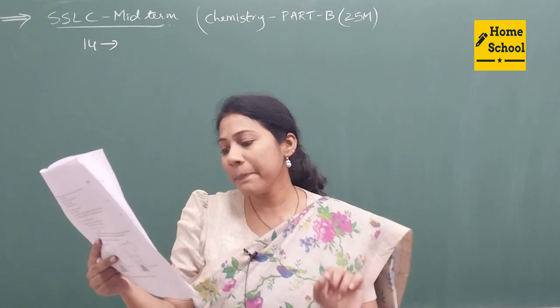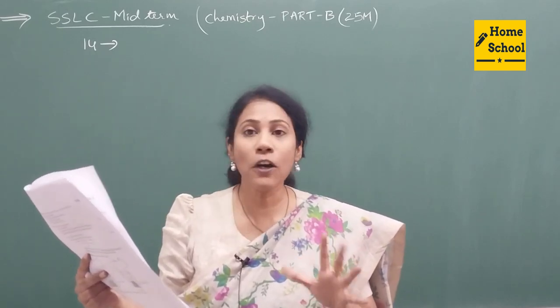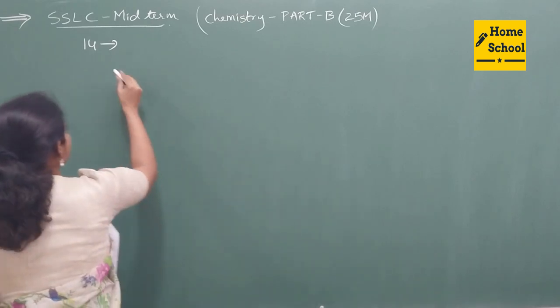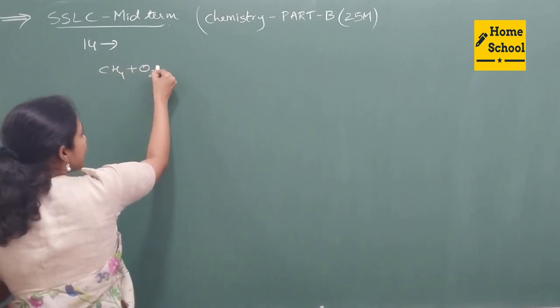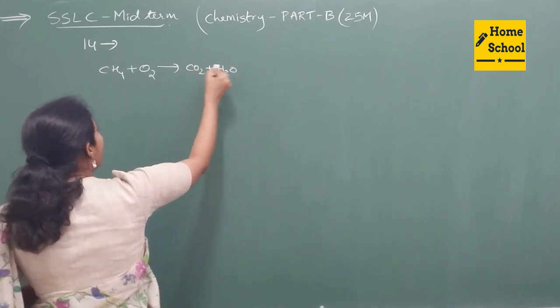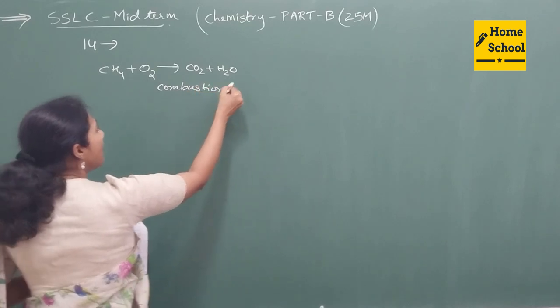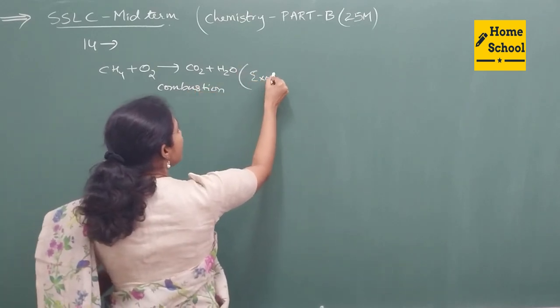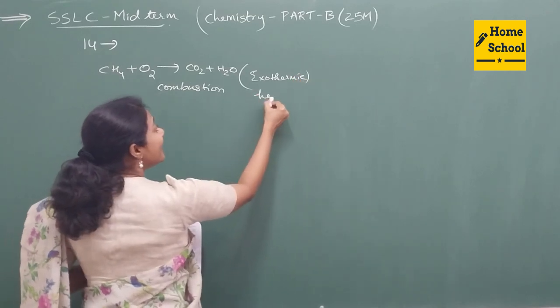See, endothermic reaction among the following. Option A, burning of natural gas. Natural gas is CH4, right? When you burn it, it reacts with oxygen and you will always get carbon dioxide and water, and this is a combustion reaction. All combustion reactions are exothermic, guys. A large amount of heat is liberated.